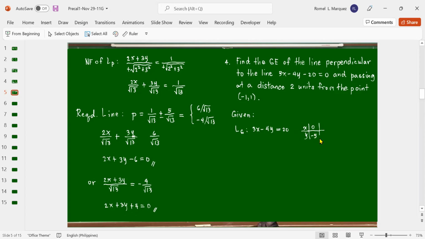When y is 0, x is 20 over 3, that is 6 and 2/3. So let's now plot the point negative 1, 1, and then draw the given line.